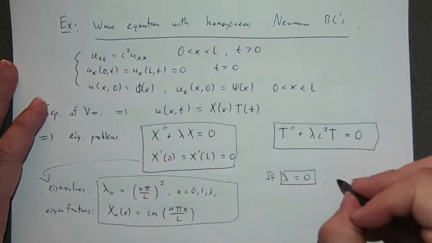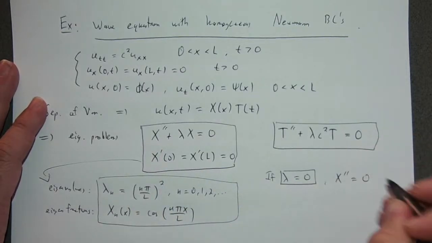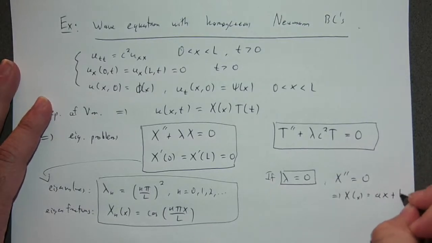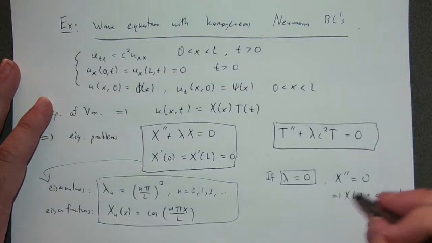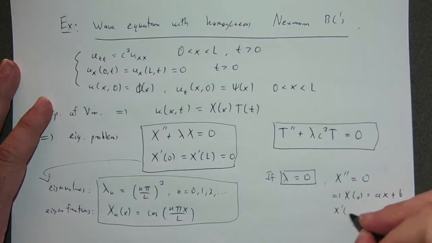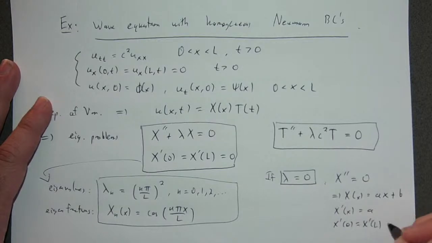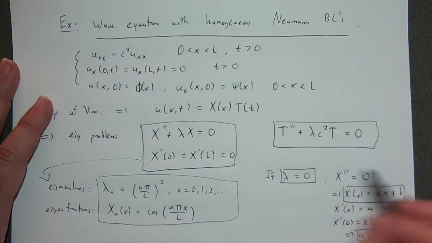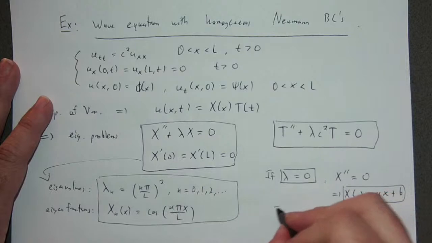So if lambda is equal to 0, X double prime is equal to 0, which implies that X of x is, I'll write it as ax plus b. But X prime of x I know is just a, and X prime of 0 is X prime of L, which is 0, which implies that a is equal to 0. And so the only solutions I have to this eigenvalue problem for the lambda equals 0 case is X equals constant, right?